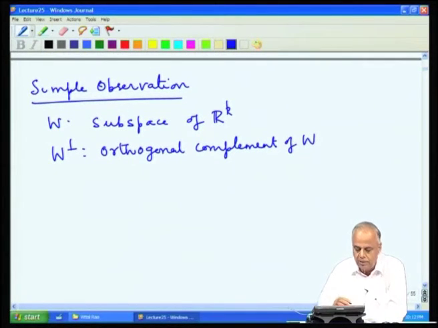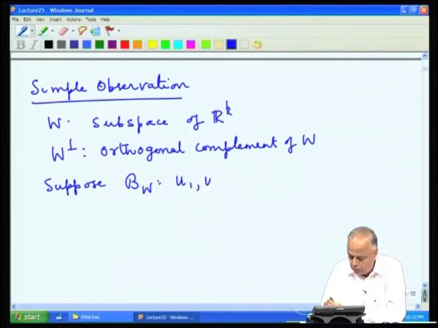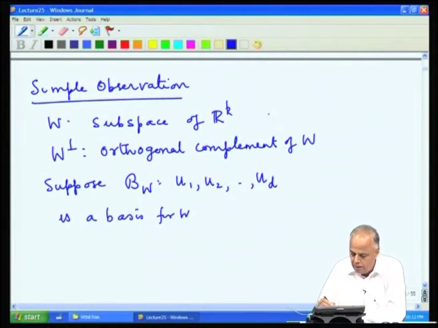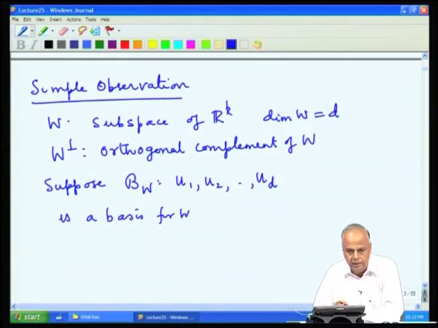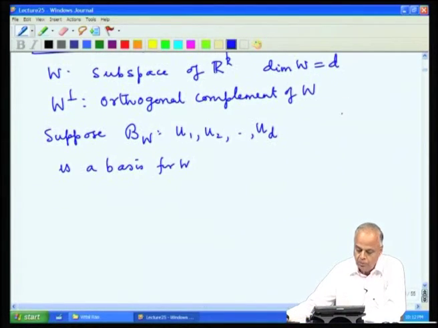Suppose we take a basis for W. Suppose B_W equal to u 1, u 2, ..., u d is a basis for W. Let us say the dimension of W is d. So W perp is the orthogonal complement of W, and we are looking at a basis for W, which will consist of d linearly independent vectors. Let that basis be u 1, u 2, ..., u d.